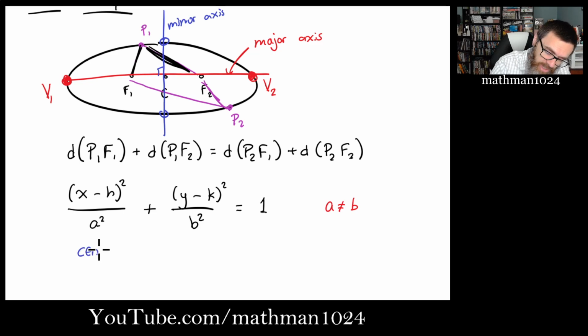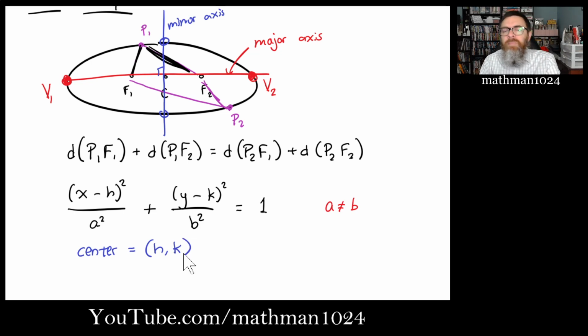So as we've seen over and over again, we saw this with the parabola, we've seen it with circles, if we want to talk about what the center is, the center is going to be the ordered pair (h, k). So it's very similar to the center you would have for a circle. For a parabola, we didn't call it the center, we called it the vertex, and it was actually a point on the parabola. The center is not a point on the ellipse. It's a reference point for us.